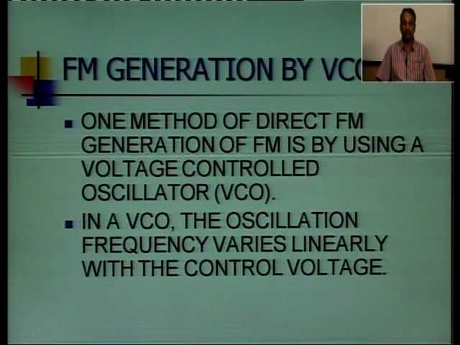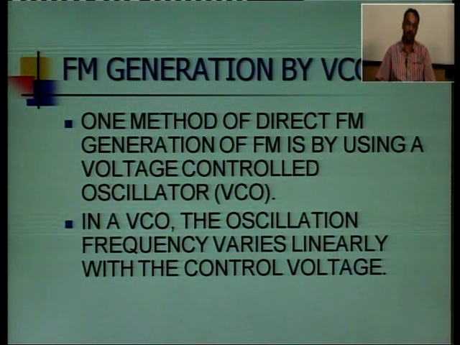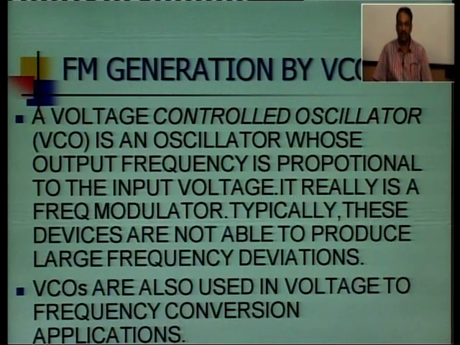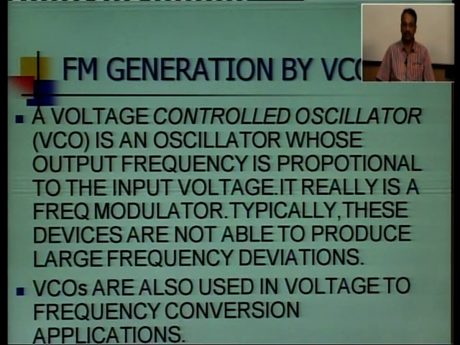In a VCO, the oscillation frequency varies linearly with the control voltage. A voltage controlled oscillator is an oscillator whose output frequency is proportional to the input voltage. So, it gives a variable frequency which is proportional to the input voltage.